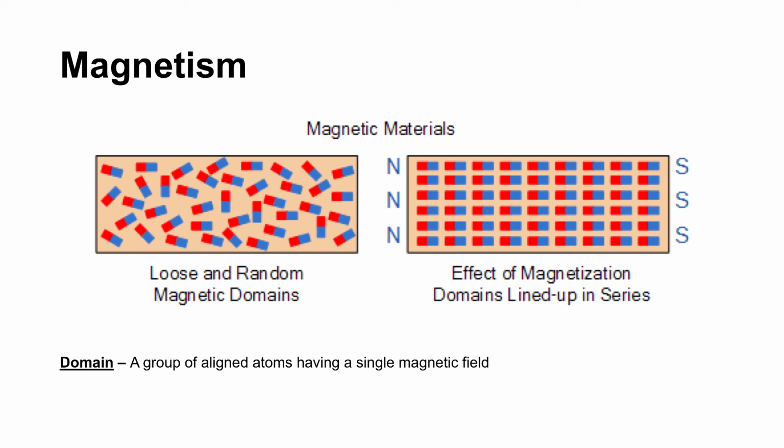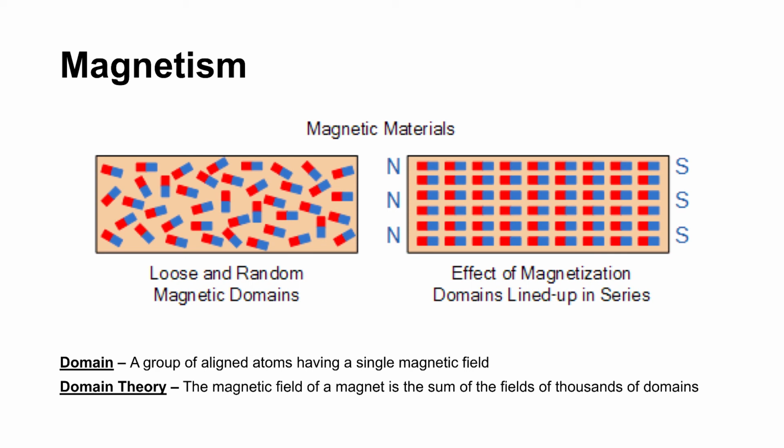But if you line up all the domains by whatever means of magnetizing the material, such that all the norths and all the souths are oriented in the same direction, then you produce a macroscopic magnetic effect. This domain theory says that the magnetic field of a magnet is a sum of thousands of these very small magnetic domains which become lined up.